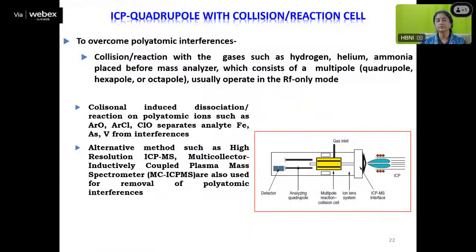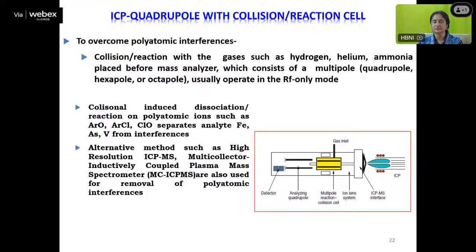So, an ICP quadrupole with collision reaction cell. To overcome polyatomic interferences, a collision cell or reaction cell with gases such as hydrogen, helium, ammonia is placed before the mass analyzer. It consists of a multipole, that is quadrupole, hexapole, or octapole, usually operating in RF only mode.